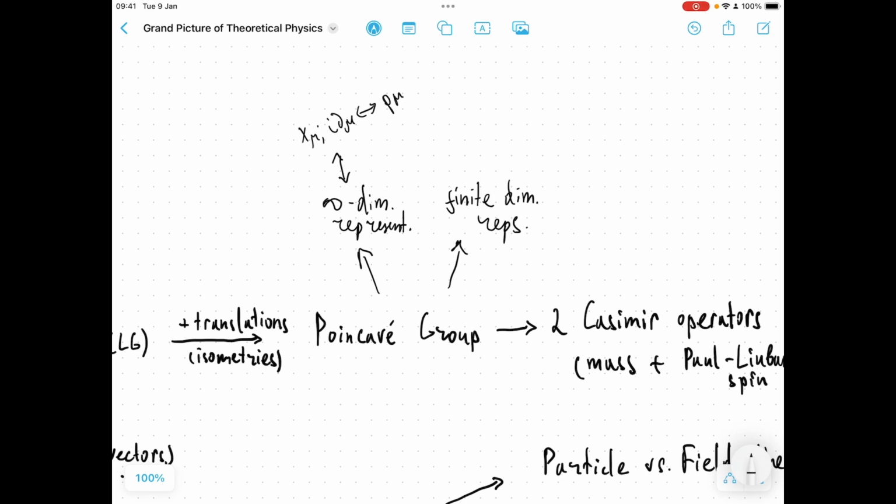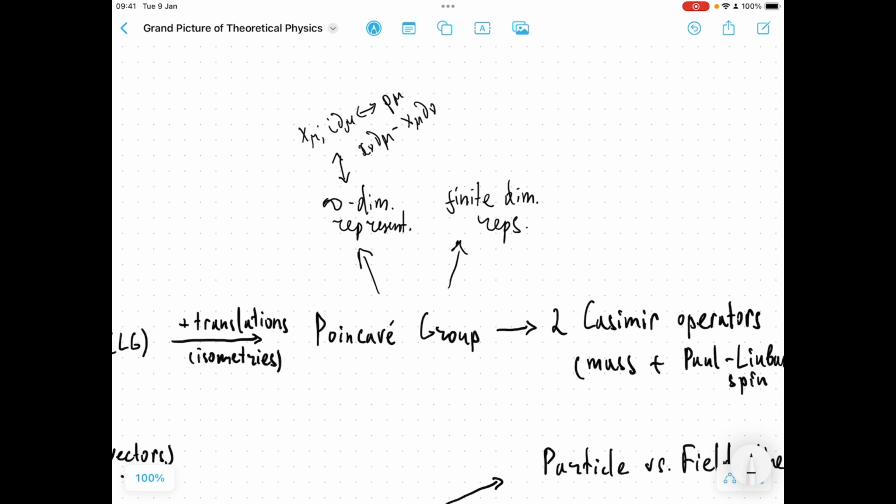Or, for example, the rotational operators, I mean orbital momentum and that stuff. So it will be something like x nu d mu minus x mu d nu.